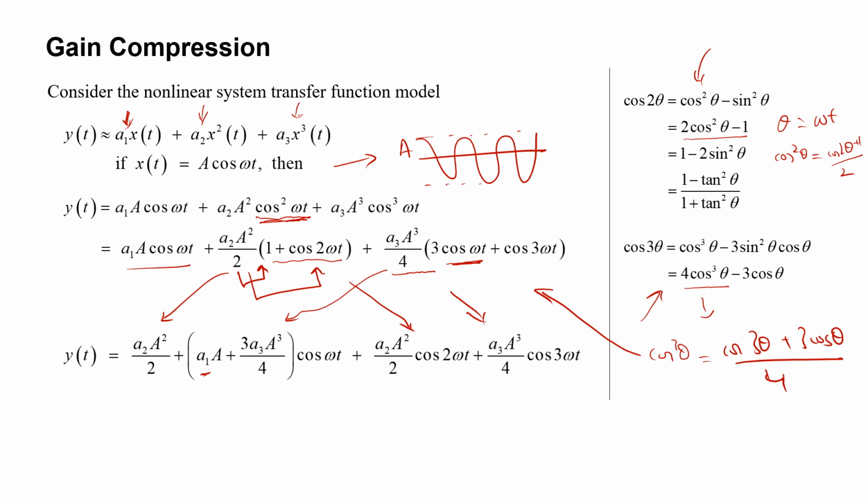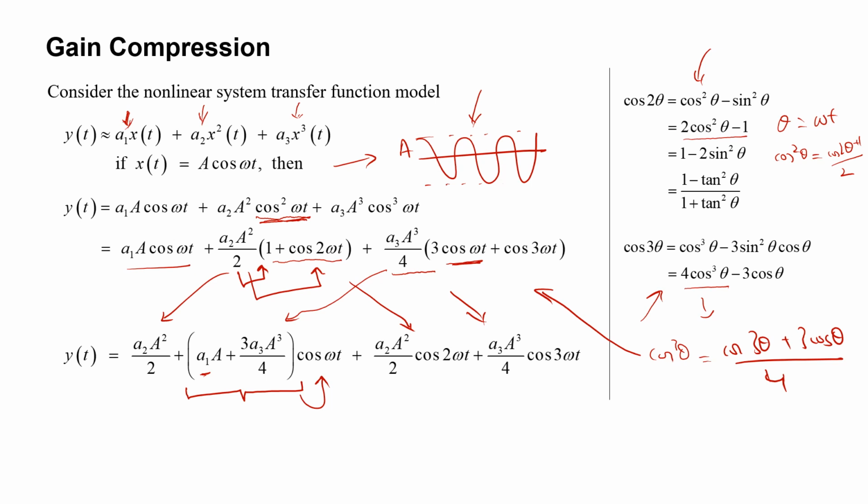So here in this equation, this particular portion is of importance because this is the factor that is actually multiplied by cos omega t, and cos omega t is this sine wave that we had talked about at the start of this slide.